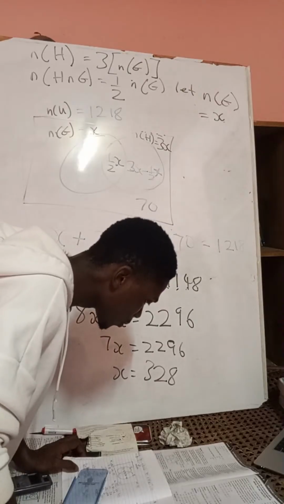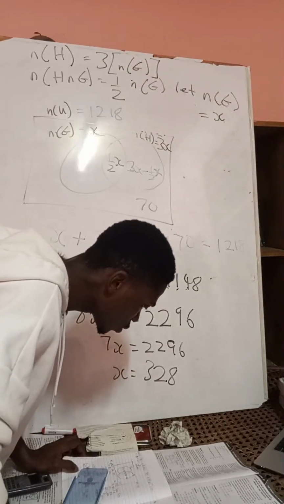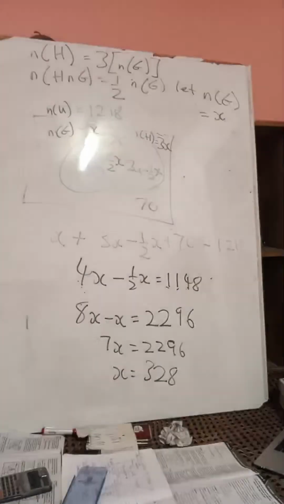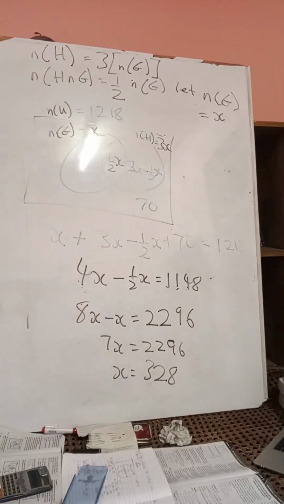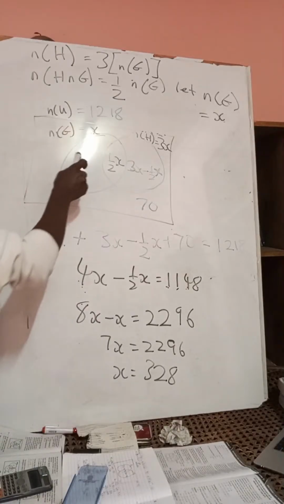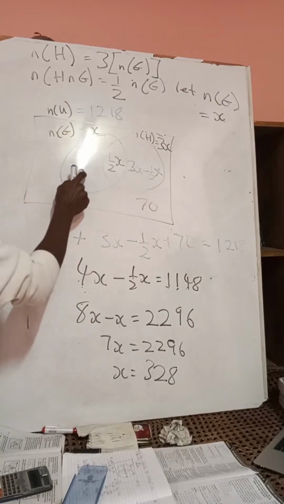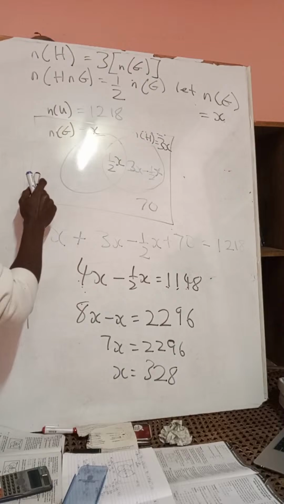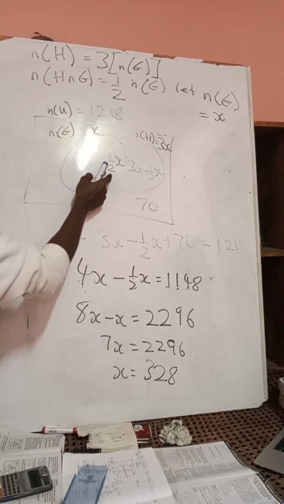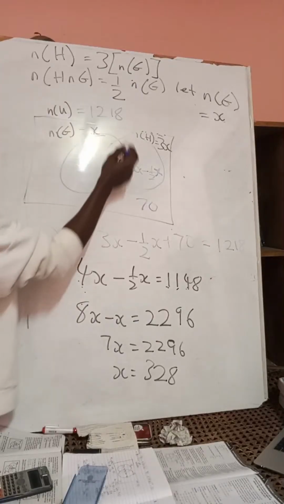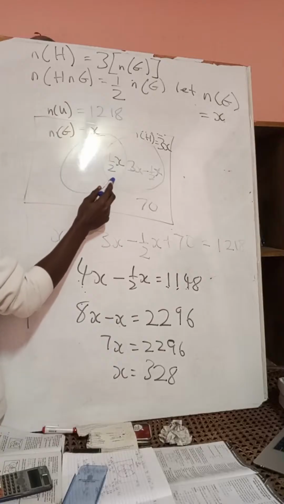Now, the next one, the question asks for those who like only one music tone. For only one music tone, we can get it from here and here, right? So you will deduct this half x from this. The entire j is x, the both is half x.